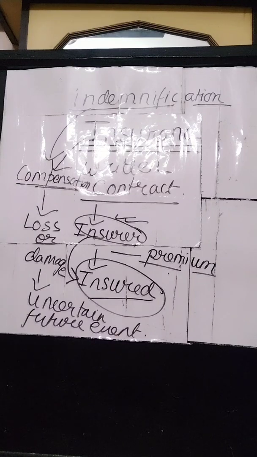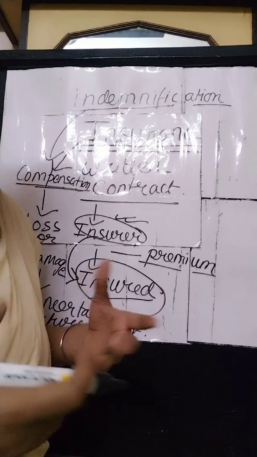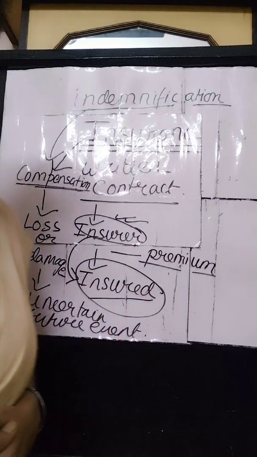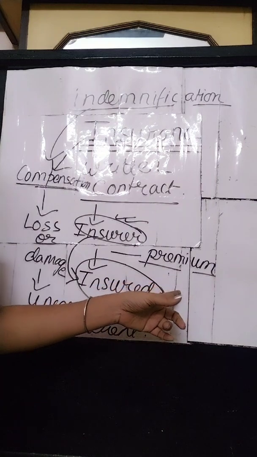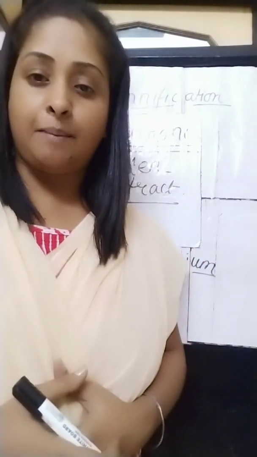Now, a group of people who are subjected to an insurable risk contribute regularly to the insurer. Suppose I am a party. Regularly I have to make a payment of a specified amount to the insurer. On a regular basis I have to make this payment. This payment is called premium. And the fund so created through my payment is created in the insurance company.